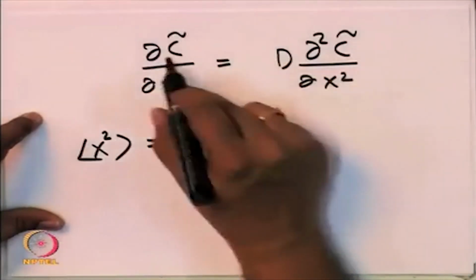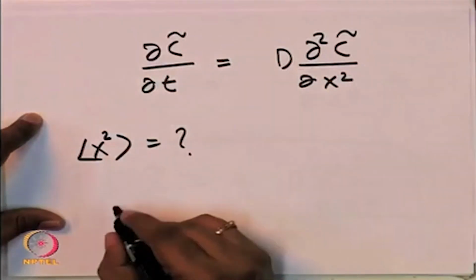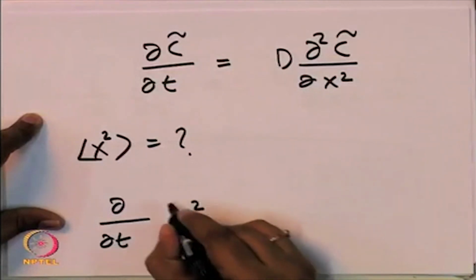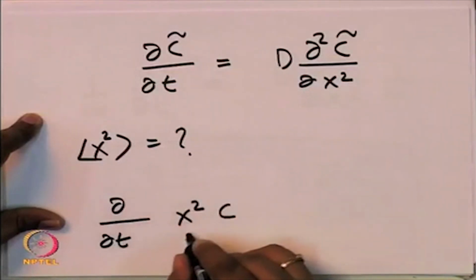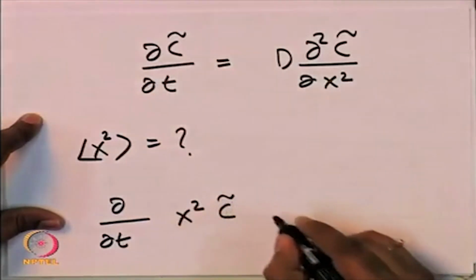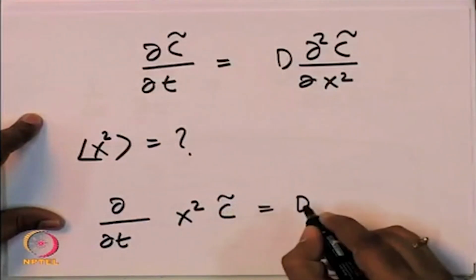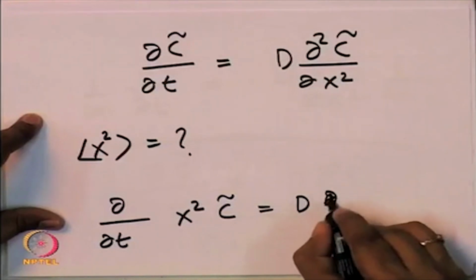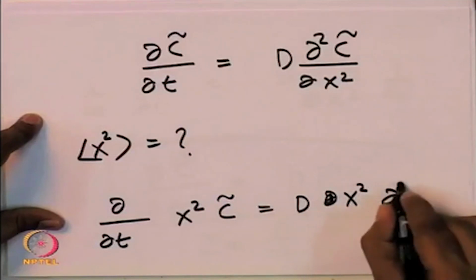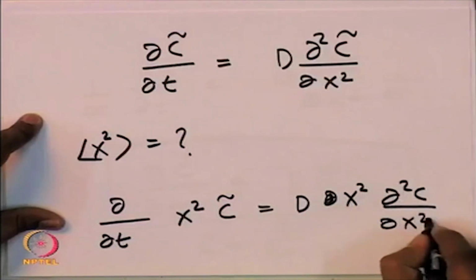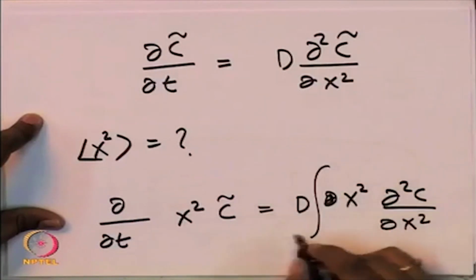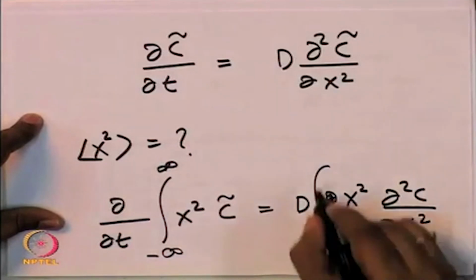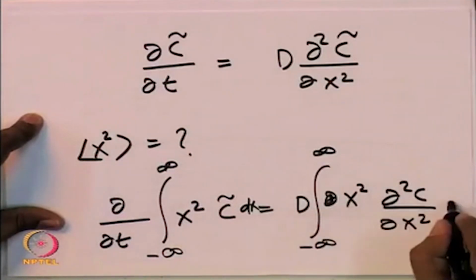I can multiply both sides with x square and integrate. So, let us do this. There is del by del t, I multiply with x square and there is c tilde, and it is equal to D, del, I have x square I multiplied, and I have del square c by del x square, and I integrate both from minus infinity to infinity dx.